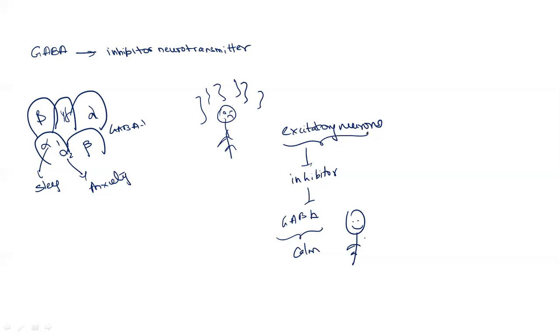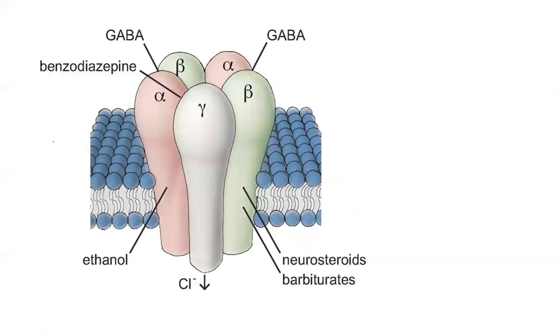In addition to the binding site for the neurotransmitter GABA, the GABA-A receptor has sites where other drugs bind. Benzodiazepines, barbiturates, and hypnotics bind at a different site, not exactly where GABA binds.